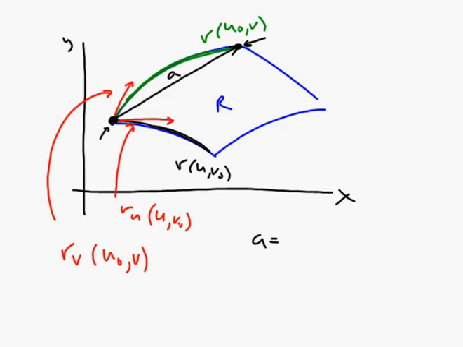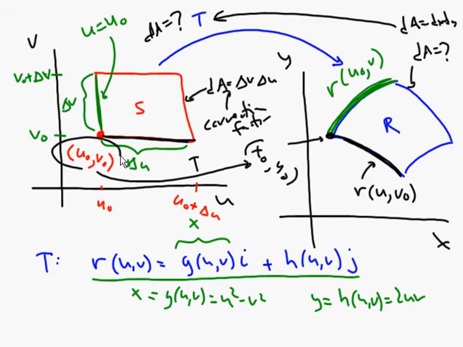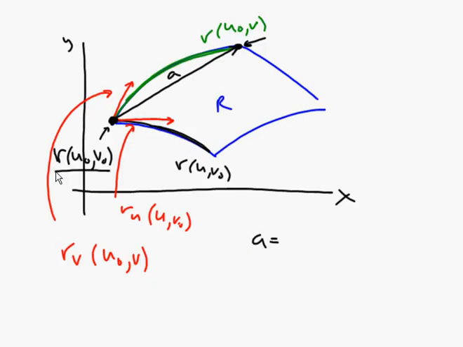We actually know the coordinates at that point: R of u0 comma v0. It's a transformation applied to this corner point, and it lands over here at x0, y0. I could have called this x0, y0, but I'm going to call it R of u0, v0. I want to keep it in terms of the vector valued function that represents the transformation.